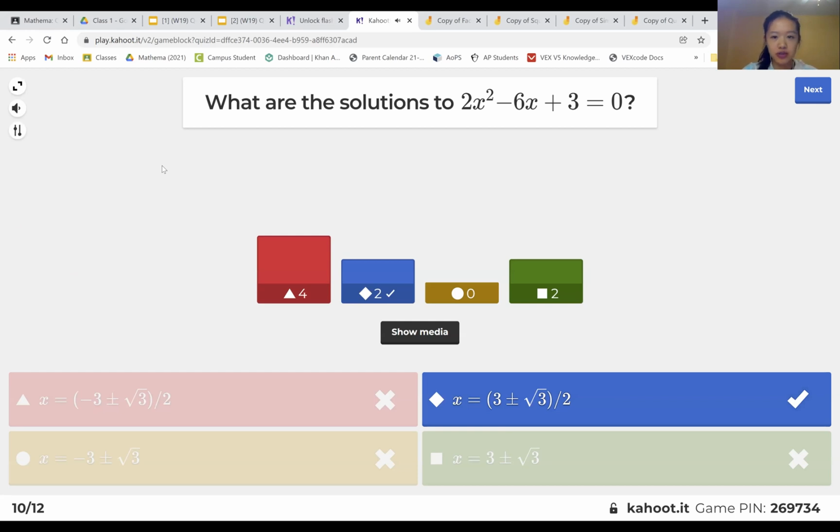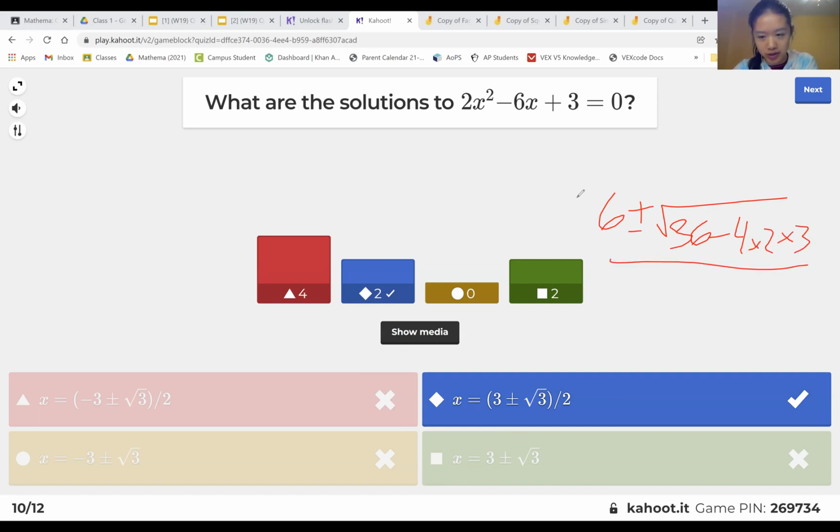All right, so I'm going to walk through this quickly. Negative b plus or minus the square root of b squared minus 4ac, over 2a. Negative b is 6, plus or minus the square root of b squared, which is 36, minus 4 times a, which is 2, times c, which is 3, over 2a. So 2 times 2 is 4. Now we simplify the square root. 36 minus 24 is 12, I think.